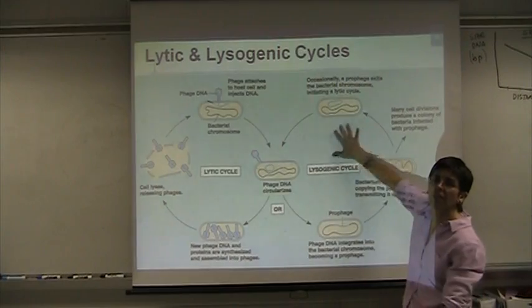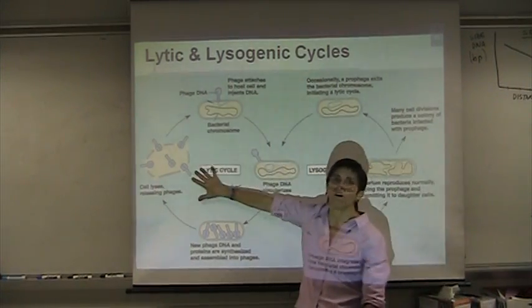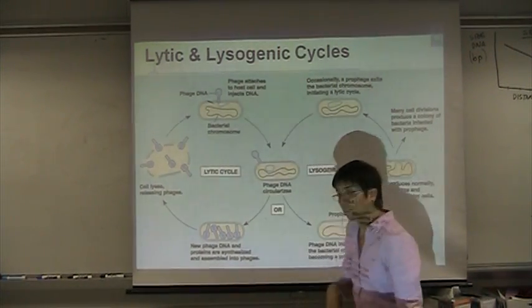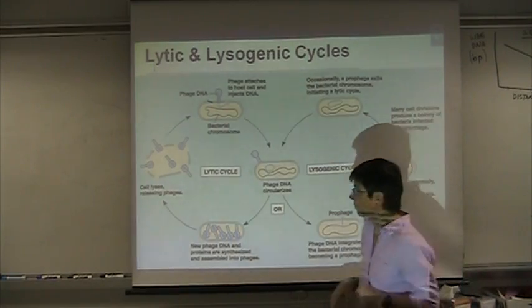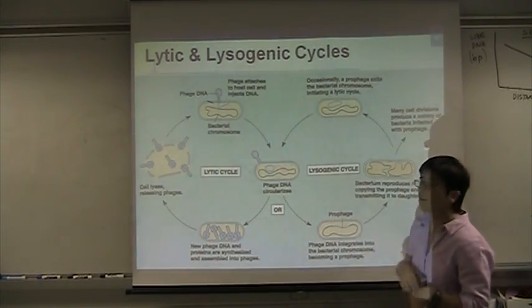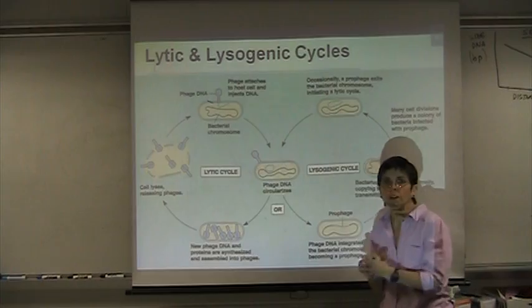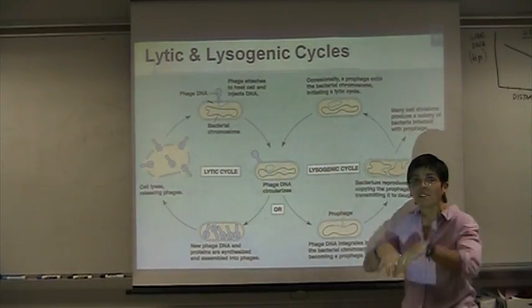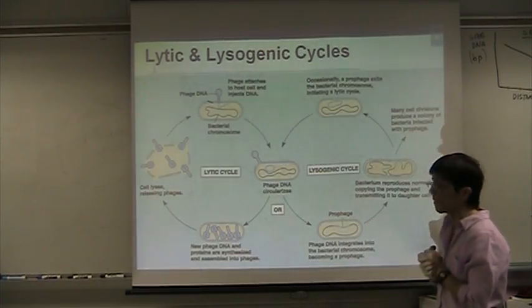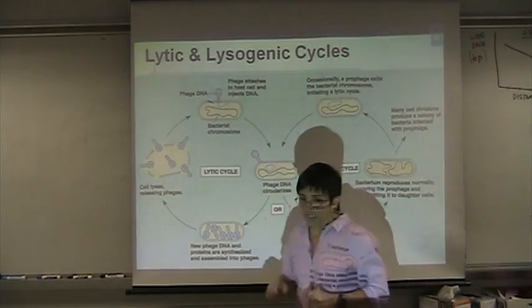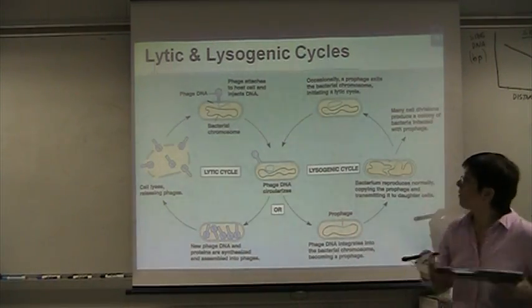Well, your virus that was just sitting there all of a sudden became lytic. So they can switch back and forth. Some of them hide, some of them don't. Different viruses do different things, but these are just generalities that apply to many of the viruses. Interesting life. Very interesting life indeed.